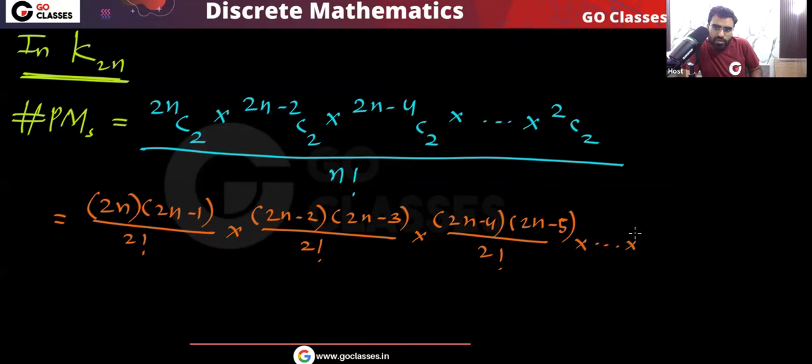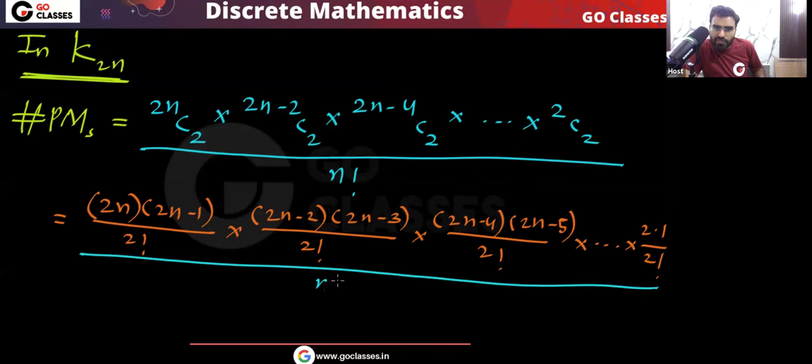You just keep going, till 2 into 1 divided by 2 factorial. And this whole thing is divided by n factorial. Correct?